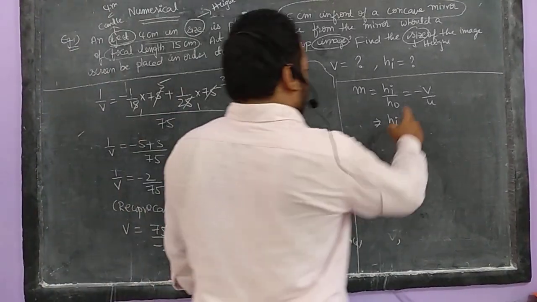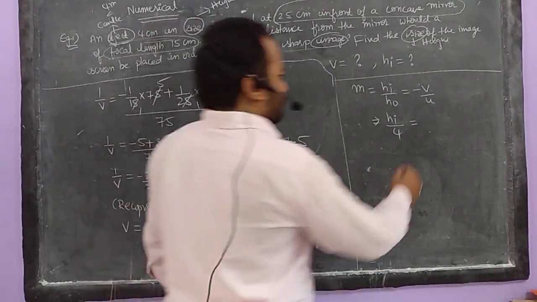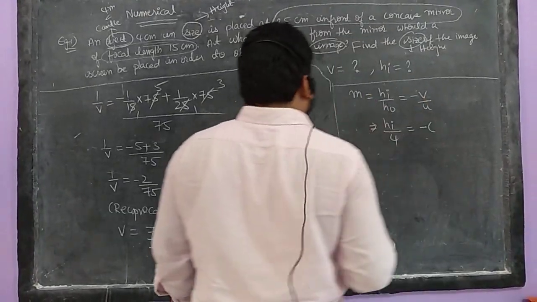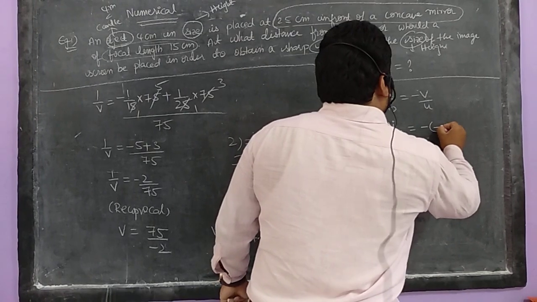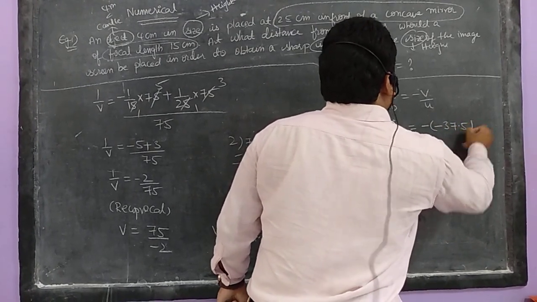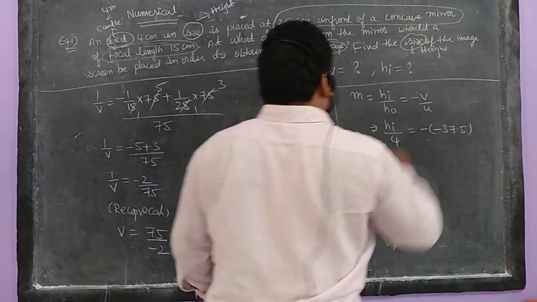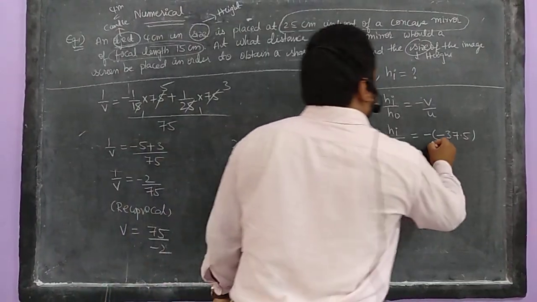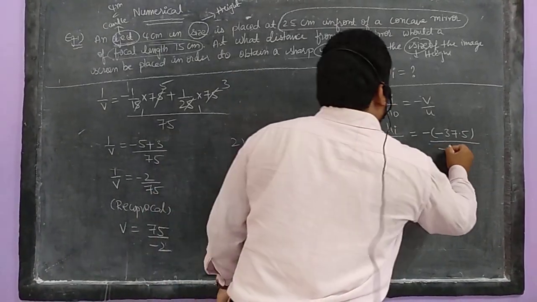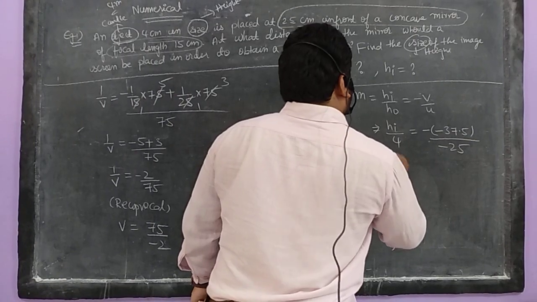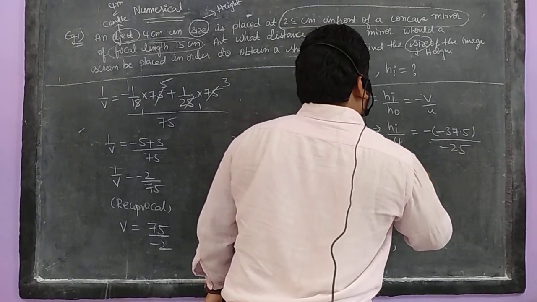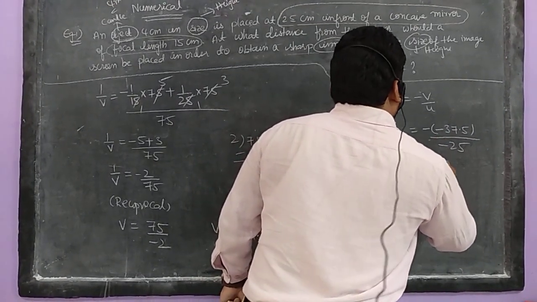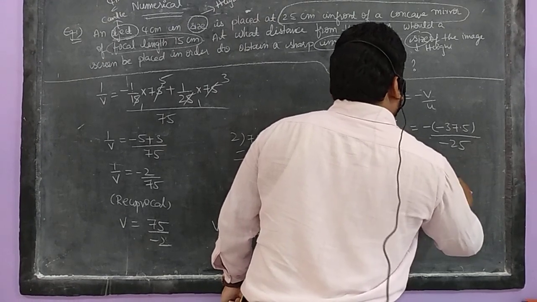So we have 2 minus, this 1 minus sign and this is 1. So you get minus of minus 37.5. This one minus and the value of v, that is minus 37.5. What is the value of u? Minus 25. So for hi by 4, minus into minus plus 37.5 divided by minus 25.